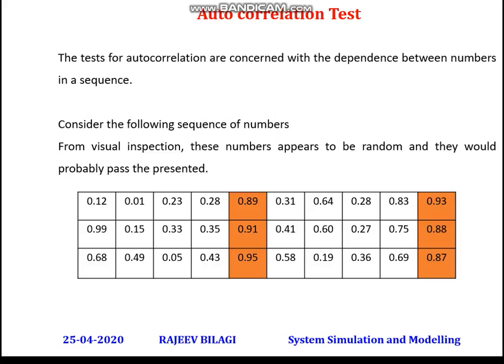Now if you look at this particular sequence of random numbers, I have marked some numbers with different colors for a purpose. With a visual inspection, we can see that all these random numbers appear to be quite random, and they probably will pass the tests which we have presented so far.